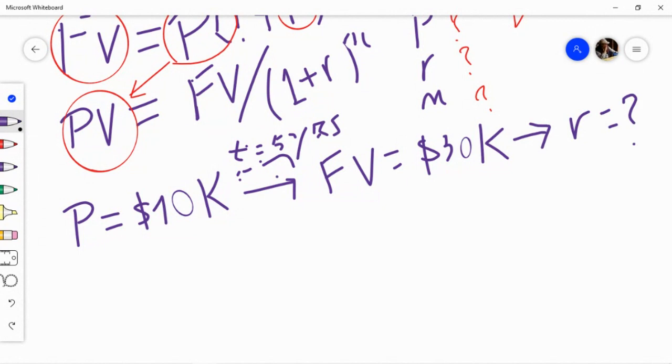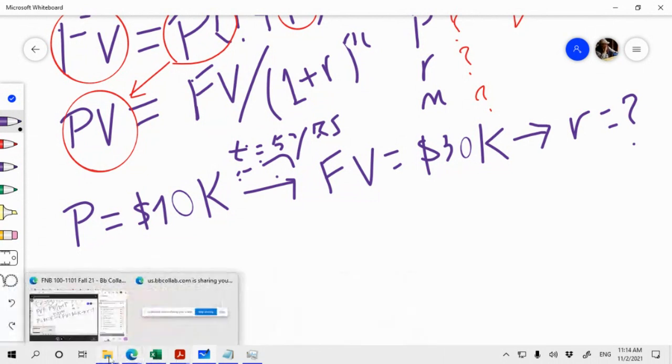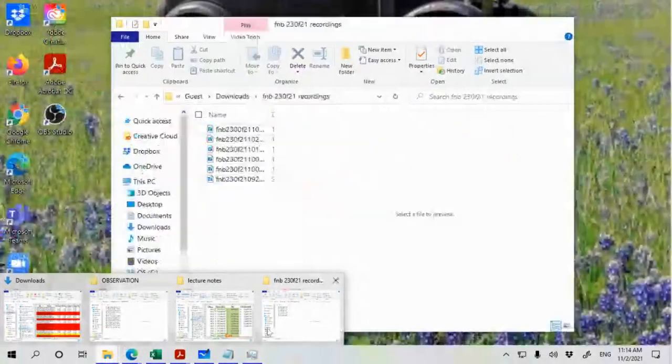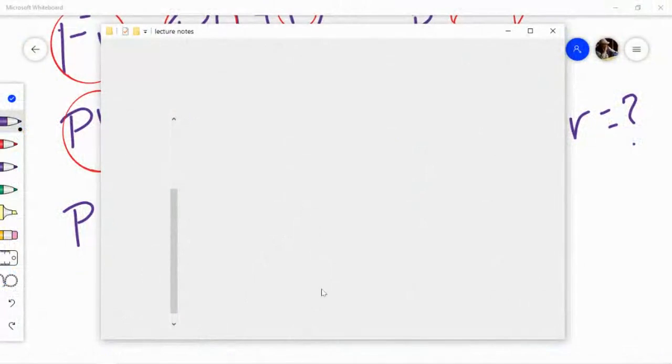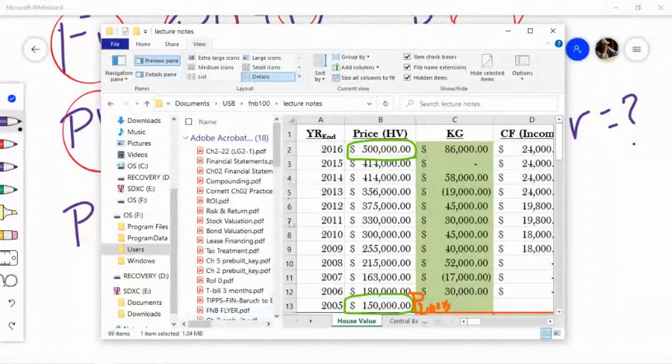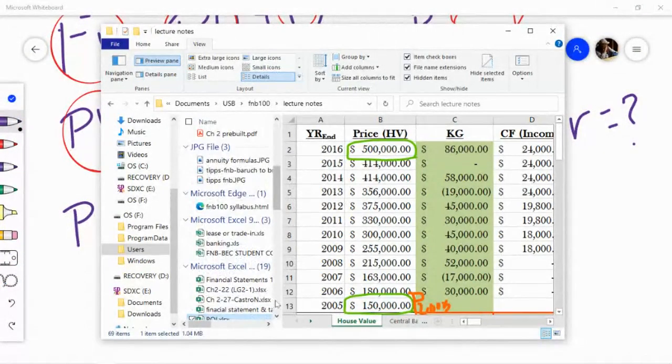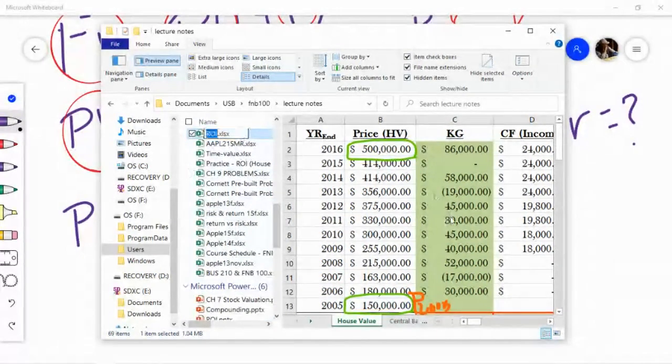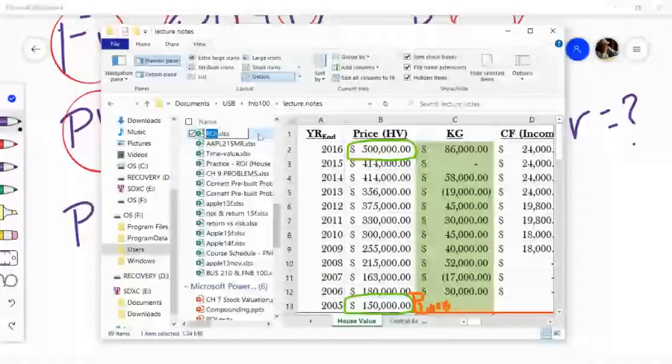You remember back in our first topic, ROI, return on investment, I gave you the formula for geometric average. I wonder if anybody remembers that. Yeah, exactly this file. Wonder how many of you.